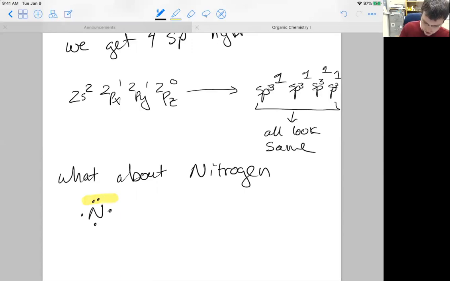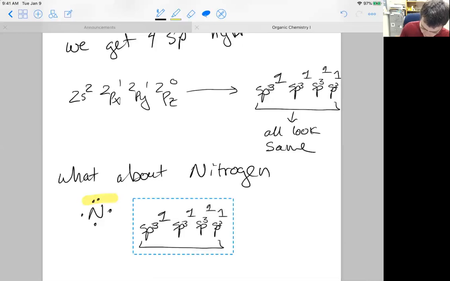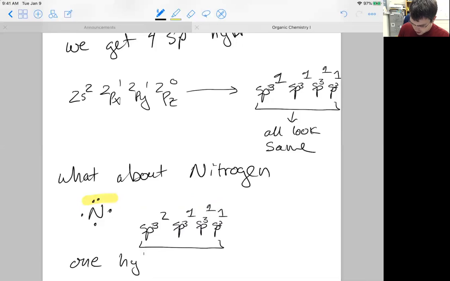But instead of the electron configuration we had up here, one of those sp3 orbitals has 2 electrons. One hybrid, and what type of hybrid orbital is it? It's an sp3 orbital, and it has 2 electrons.